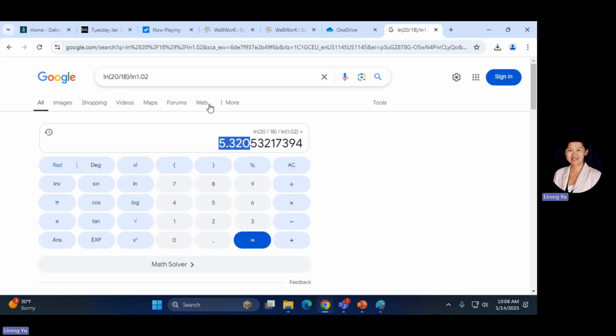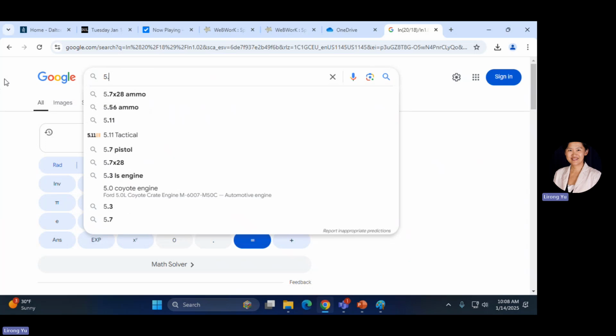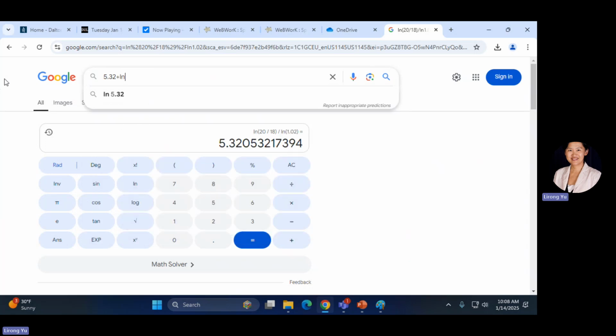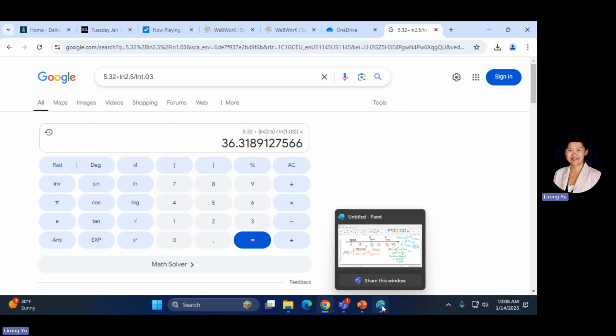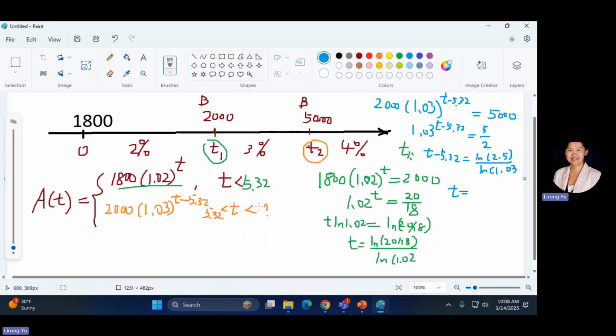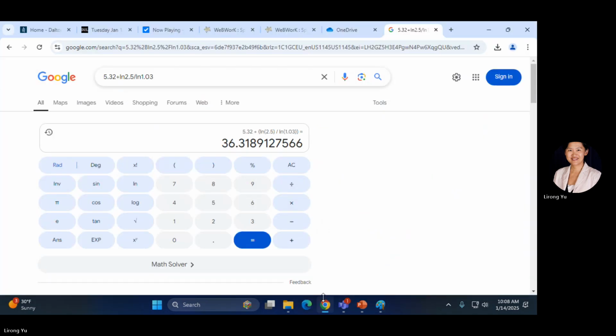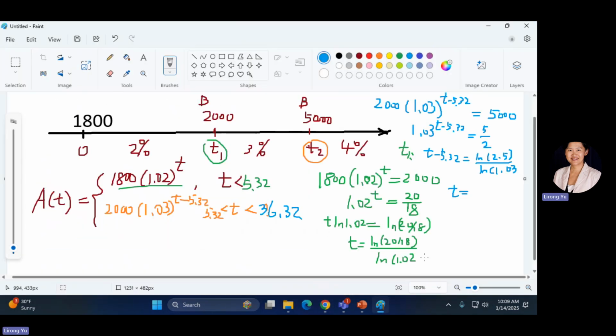So it's going to be 5.32 plus natural log of 2.5 divided by natural log of 1.03. So we get the time, and it's roughly 36.32. So it's 36.32, just like 36 years later when it reaches 5,000.